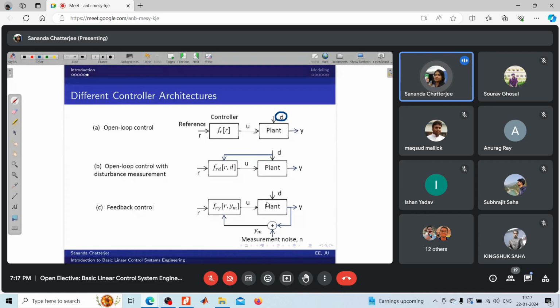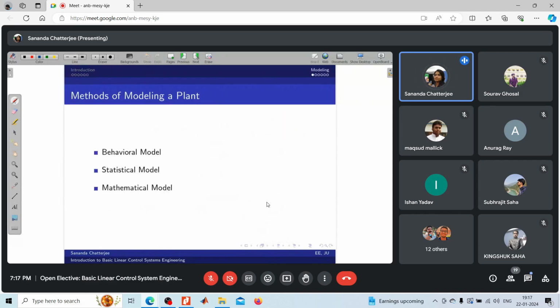This process of describing the behavior of the plant in terms of its input and output is called modeling. So in this class we will try to understand what modeling is and what the techniques for modeling a system are.